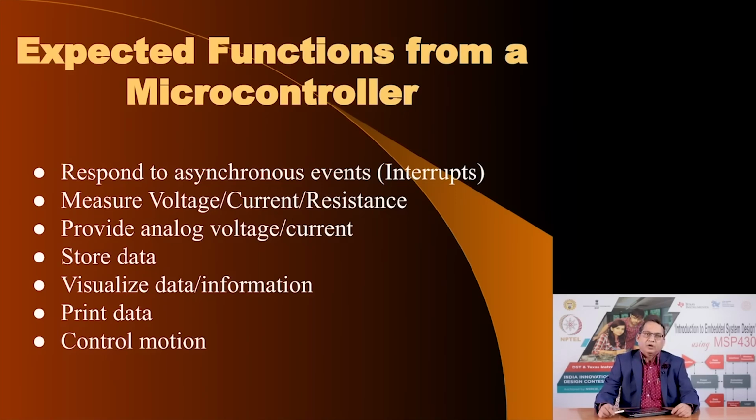Then a microcontroller would be expected to measure voltage or current or resistance. If it is able to measure voltage by itself, and if not, we must add some feature by which we can measure voltage, then we can easily measure current or resistance, and for that matter any other parameter. Let me explain how.